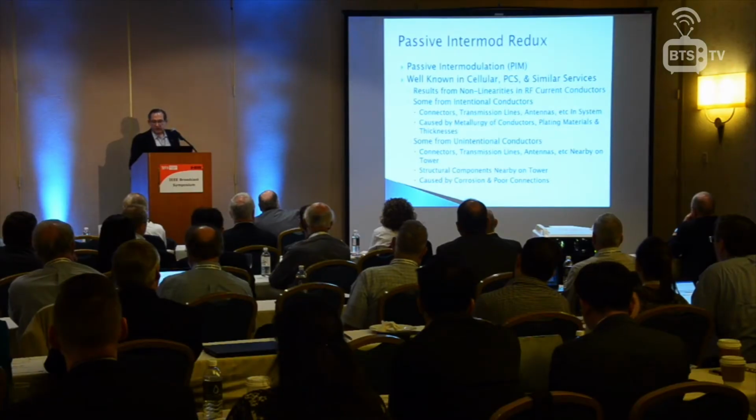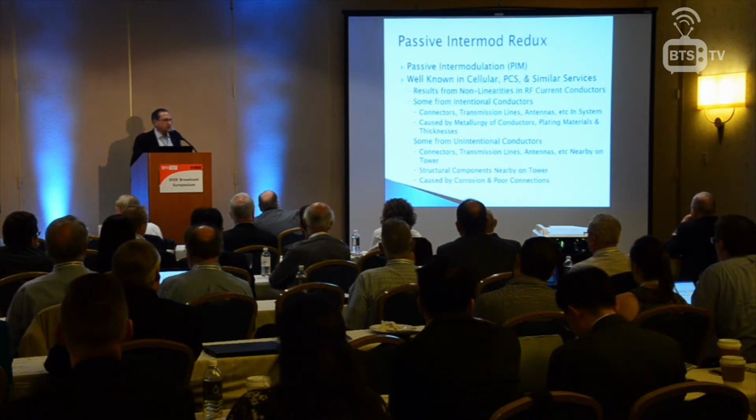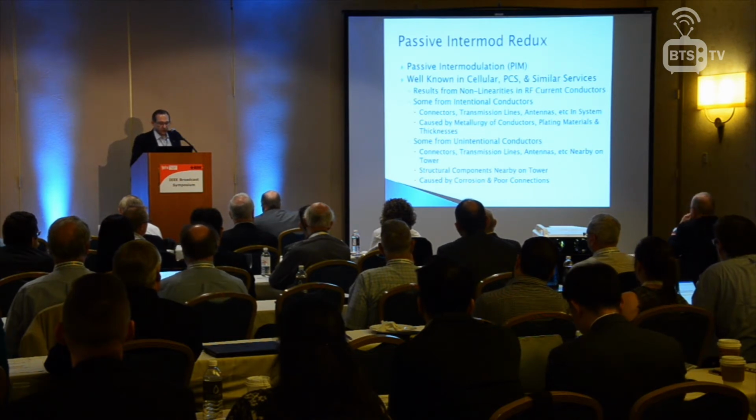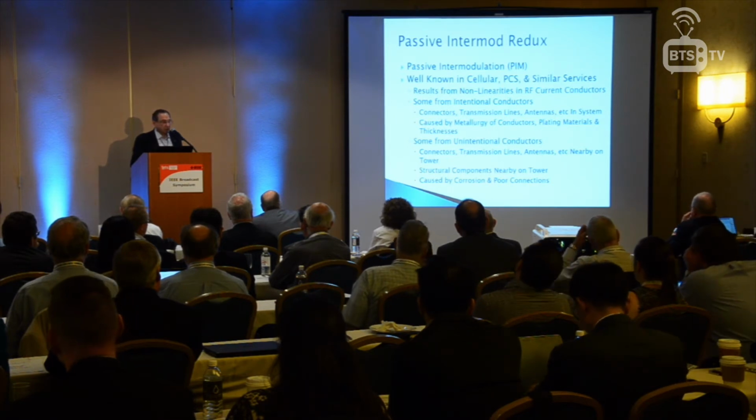in cellular and PCS and those kinds of services, and it results from nonlinearities that occur after the transmitter. They occur in systems or the environment. In some cases, they're intentional conductors, for instance, transmission lines and antennas and the like, that are part of the actual transmission system. And those are caused by metallurgy issues, dissimilar metals and wrong kind of plating, things of that sort, connectors that are not cinched up tight enough.